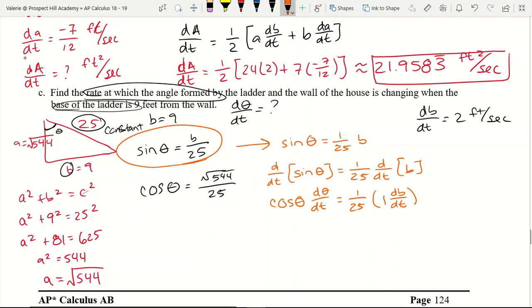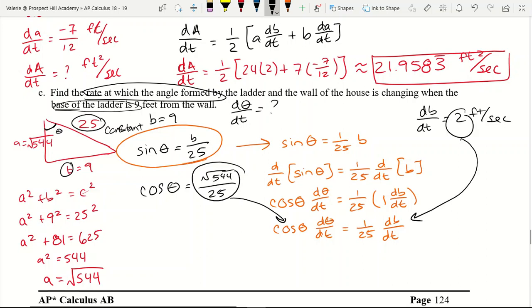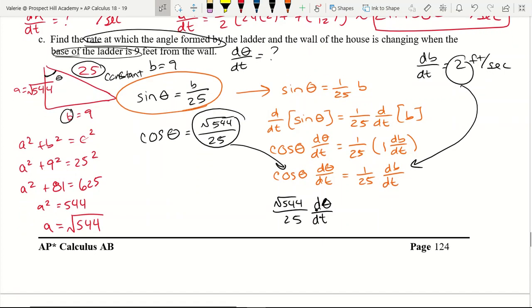So simplifying that, we have cosine theta d theta/dt equals 1 over 25 dB/dt. And we're going to substitute everything we know. Cosine theta, we know what that is. dB/dt, we know what that is. So we have square root of 544 over 25 d theta/dt equal to 1 over 25 times 2.